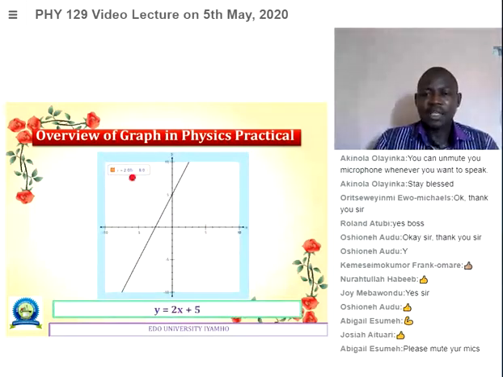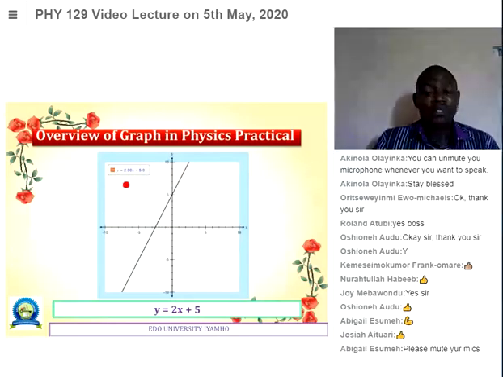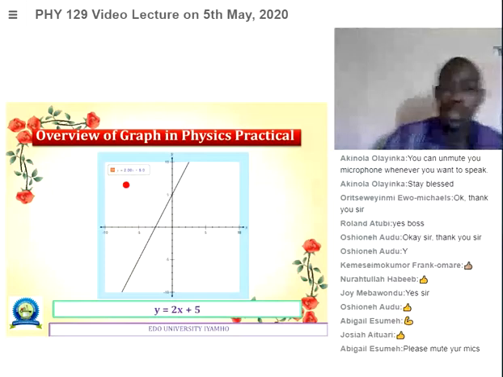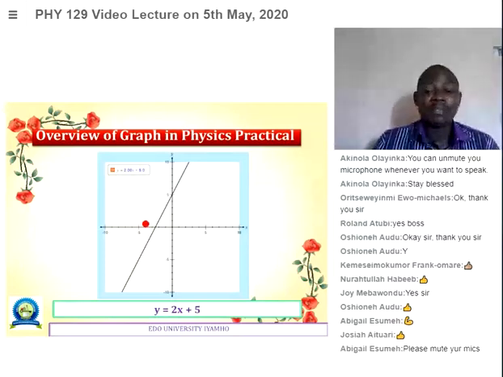Now, the graph I have here is actually the graph of y is equal to 2x plus 5. If you look at this graph as it's plotted here, y is equal to 2x plus 5, and it's also displayed here.